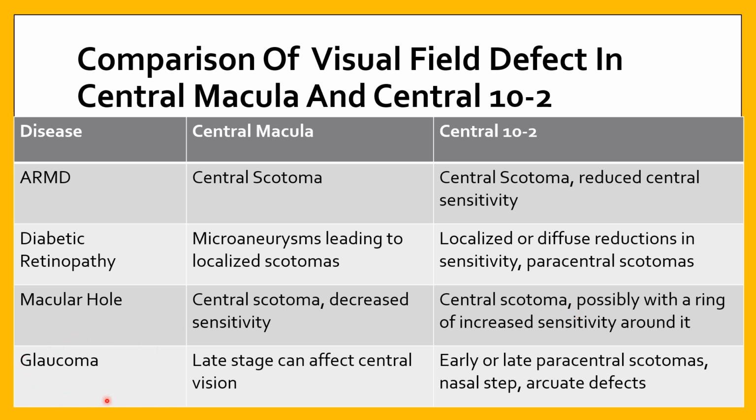In glaucoma, the advanced or late stage can affect the central vision, which can be assessed by the Central Macula. Under the Central 10-2 program, early or late paracentral scotomas, nasal step, or arcuate defects can be seen.